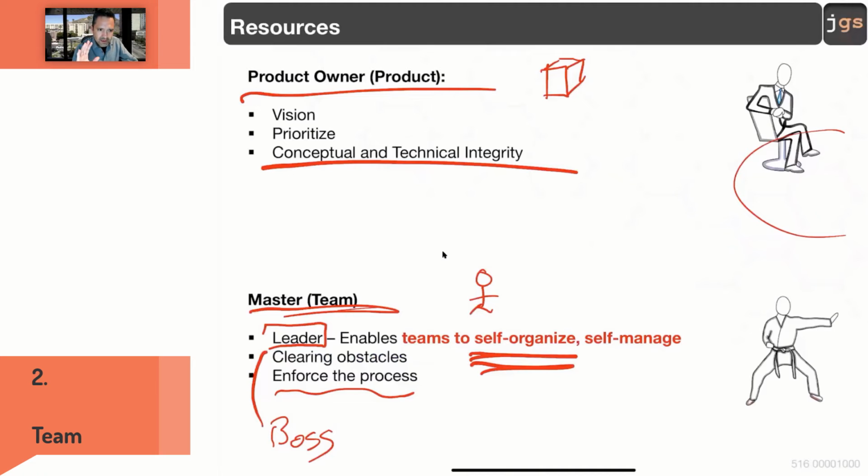Agile is all about the people. And when we think about the people, every single member in the team has exactly the same rights as the others. It's a democracy, but no one is the president. So everyone votes and everyone is involved in the decision.